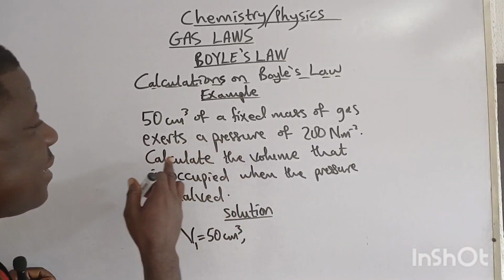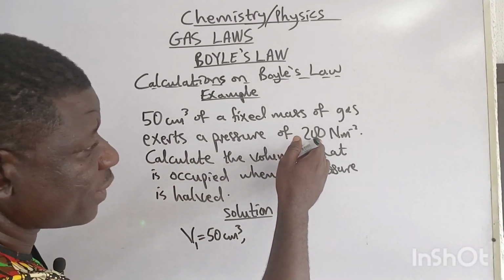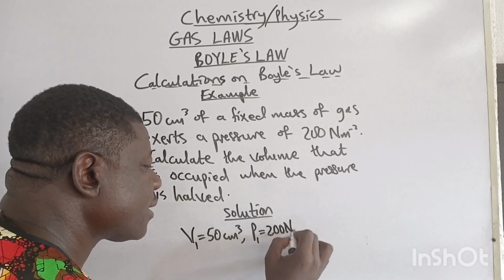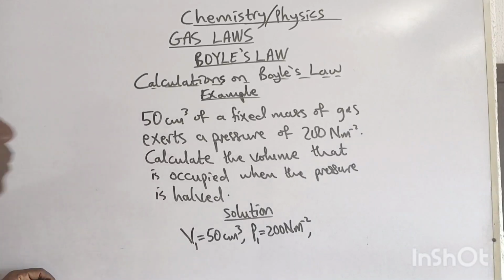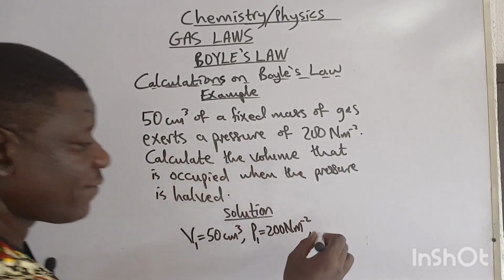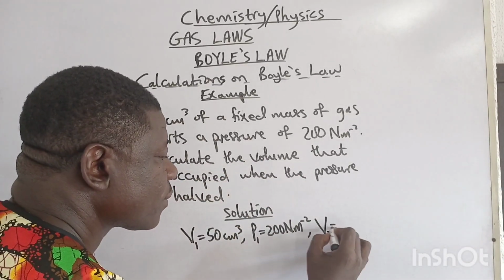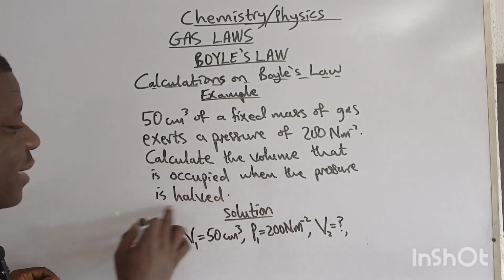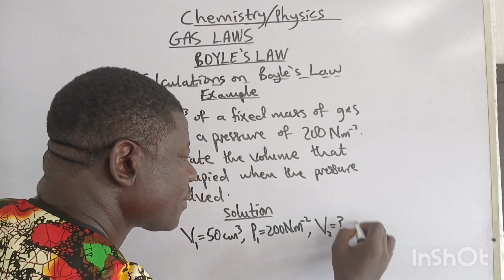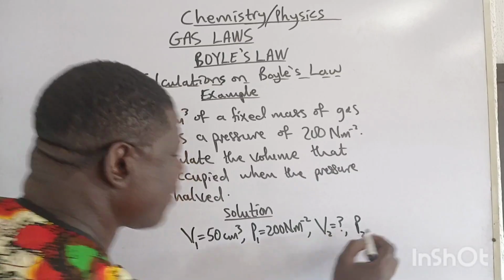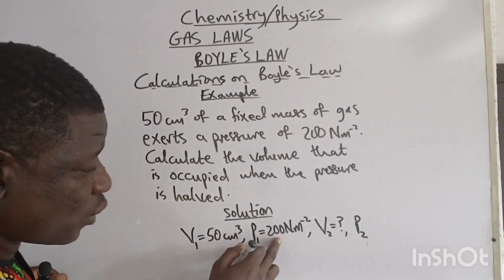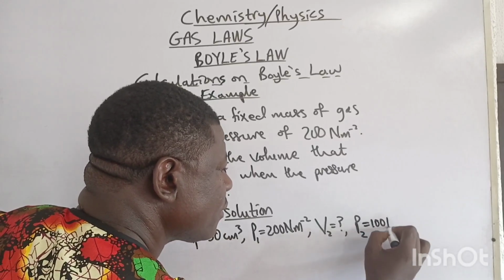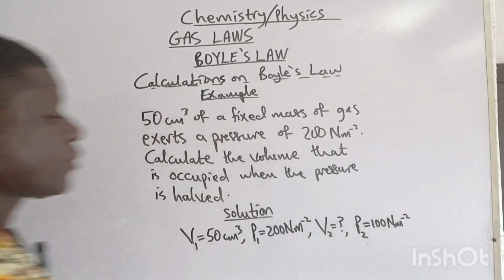It exerts a pressure of 200 Newton per meter square, so our P1 is 200 Newton per meter square. Calculate the volume, that's the final volume, V2, when the pressure is halved. Half of 200 is going to give us 100 Newton per meter square.